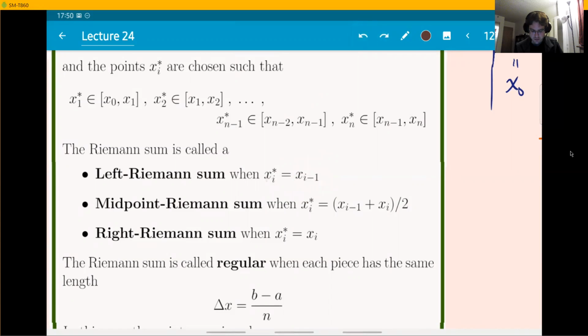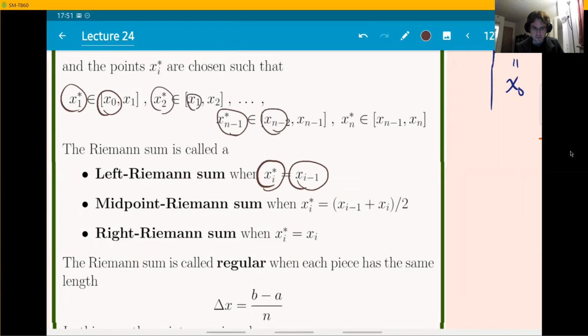So in this case, for example, think about i equals 1, i minus 1 would have been a 0. So we're saying the first point x1 star is x0. It's the left end point of that interval. And that should be true for all the others. Very intuitive, right? You just call that a left Riemann sum. So this is what we did in the last example.